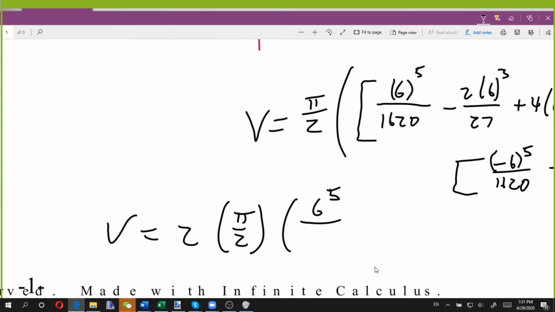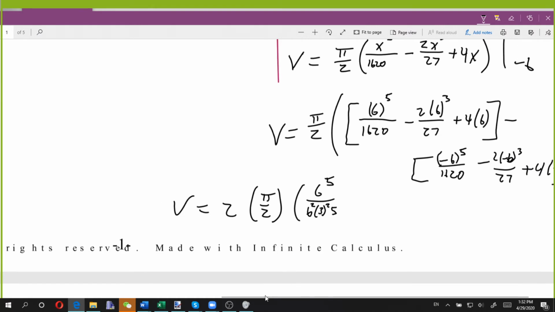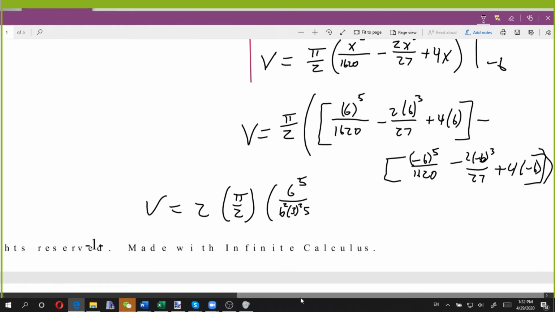So if we had 18 squared, that's 6 squared by 3 squared by 5 was our 1620, which will allow us to cancel 2 of these 6's. Minus 2 by 6 cubed over 3 cubed plus 24.